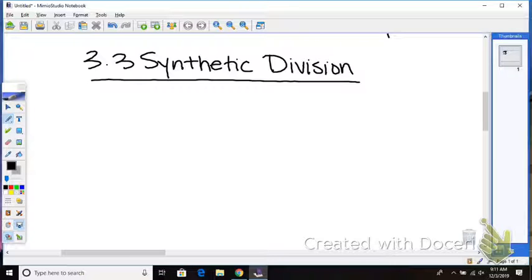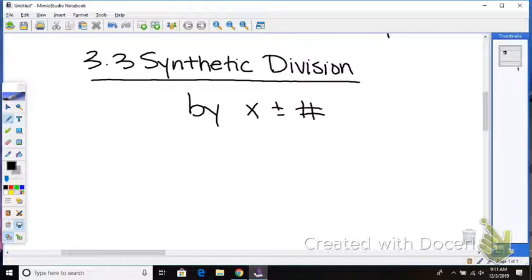Okay, when you are using synthetic division, here's the only time you can use synthetic division. When you are dividing by something like this, x plus or minus some number. So what we're dividing by, look at me, everyone, this is important. When we're dividing by just an x and then plus 3, like we did a minute ago, you can use synthetic division.